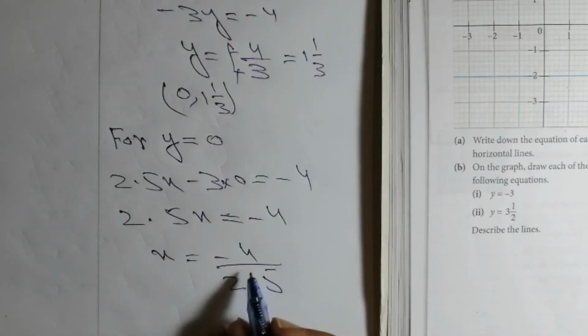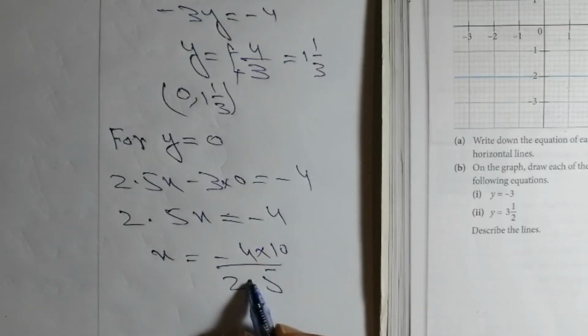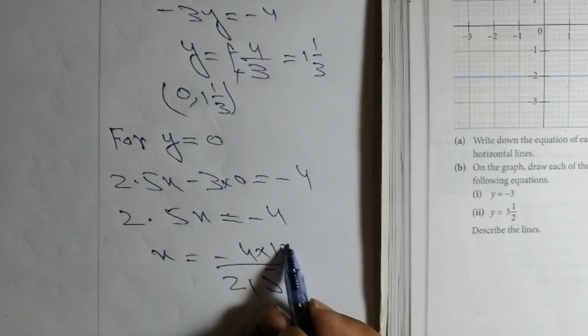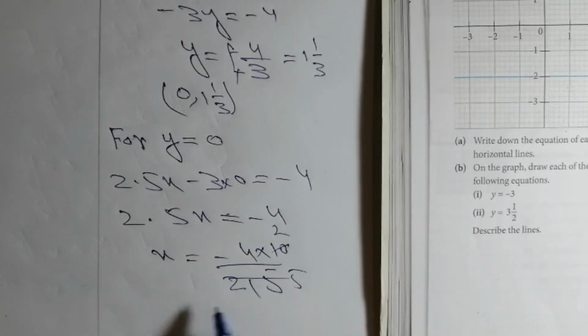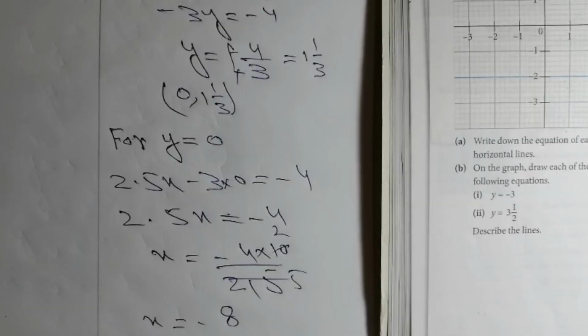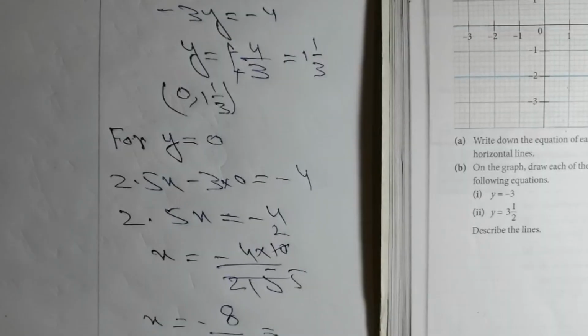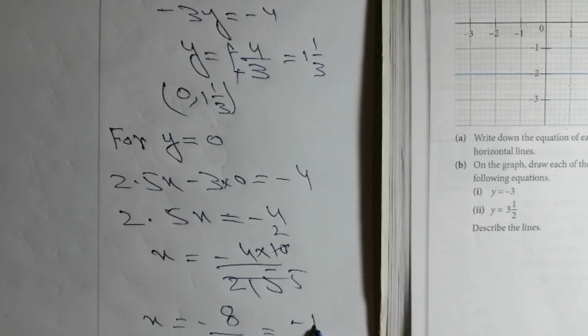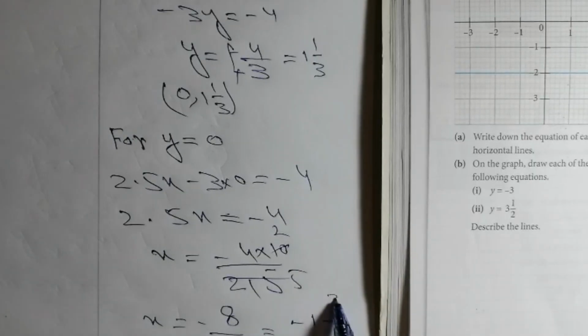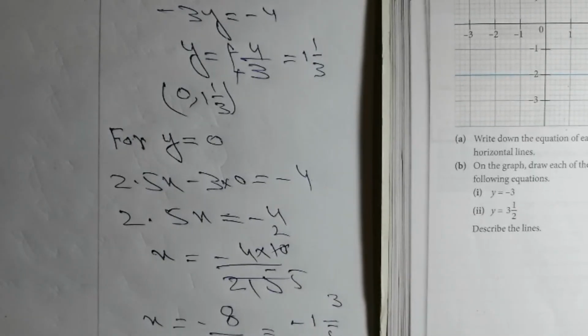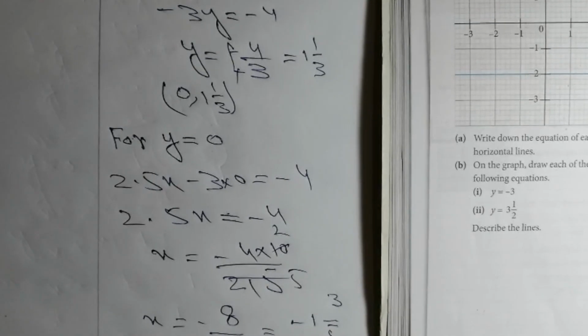We can simplify this by removing the decimal: 5 times 10 is 50, 5 times 5 is 25, so x equal to minus 8 by 5. This will be equal to minus 1 whole 3 by 5. So the point is minus 1 whole 3 by 5, and y is 0 for this point. So these are 2 points.